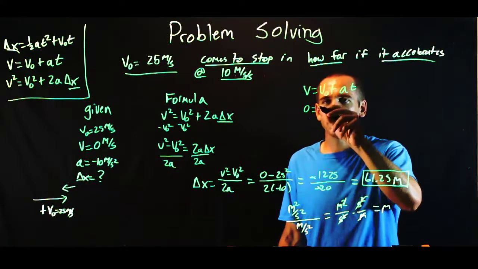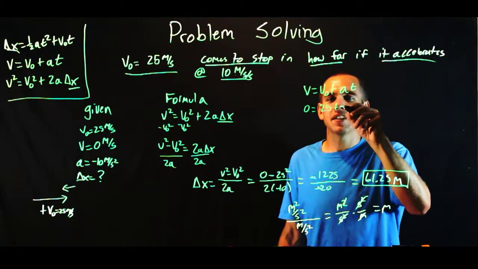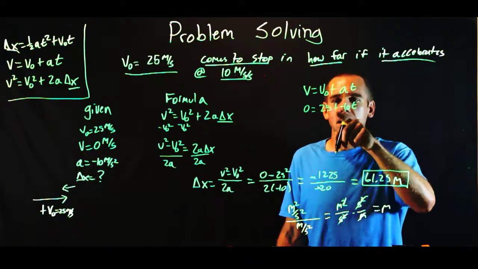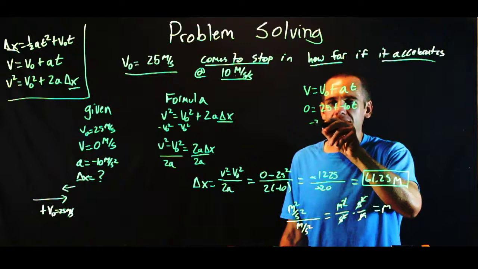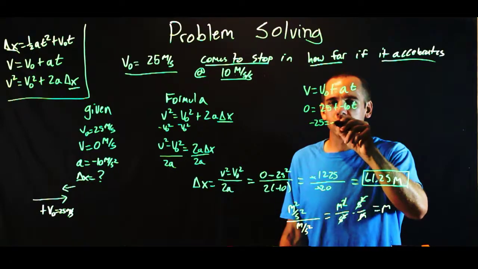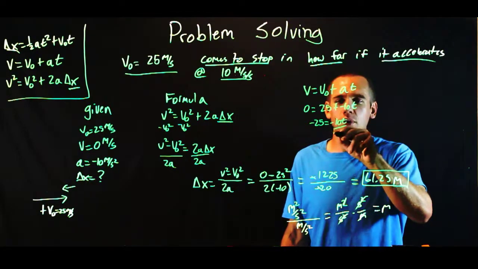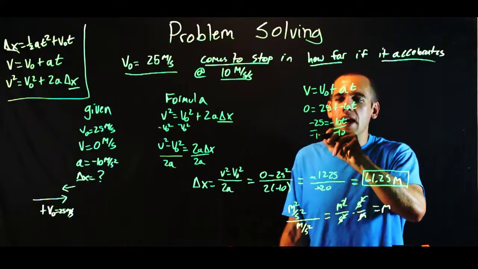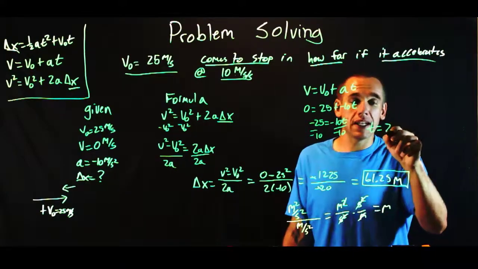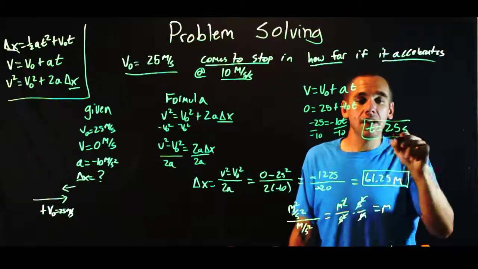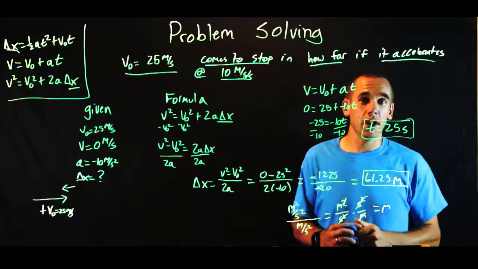So 0 equals 25 plus negative 10 times t. Now I'm going to subtract over that 25 and get negative 25 equals negative 10t, and then when I divide both sides by negative 10, I do see that time is in fact a positive 2.5 seconds. If I had gotten a negative time, I know I had messed something up.